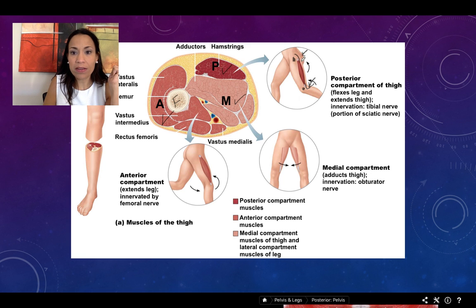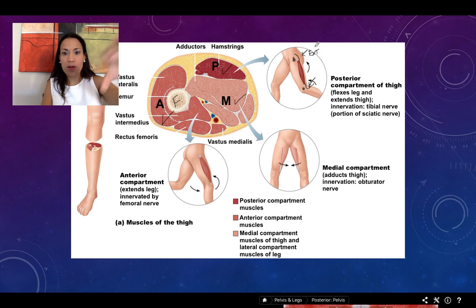So here, since they're crossing posteriorly, what can they do? Well, in this part it's the same as everything else we have described. So they perform extension. Is that correct to say? No. You need to complete your sentence. So you have to say extension of the thigh, or extension of the thigh at the hip.